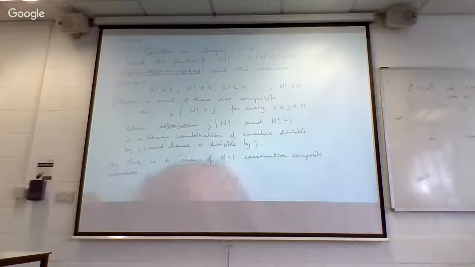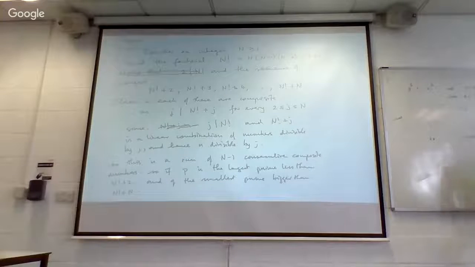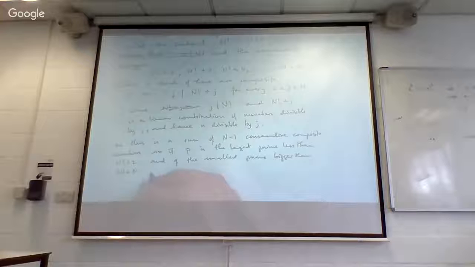So if p is the largest prime less than n factorial plus 2, the last prime before you get to n factorial plus 2, and q is the smallest prime bigger than n factorial plus n, then the gap between p and q, well, if this run is n minus 1, then the gap between p and q must be at least n.